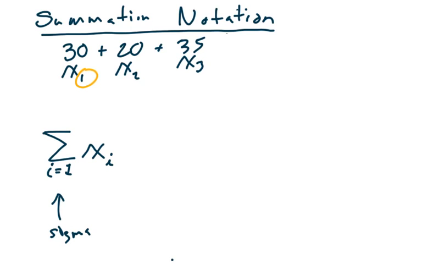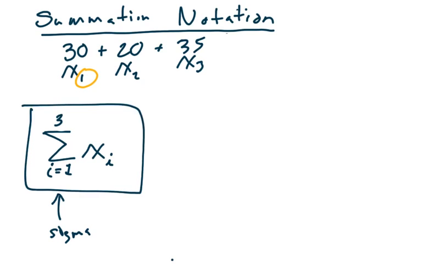And it ends at, we could put a number here, let's put 3, because we only have 3 numbers here, okay? So what this notation tells us to do is sum up all of the x's from x1 to x3. Okay, so this means x1 plus x2 plus x3. That's all it means, okay?